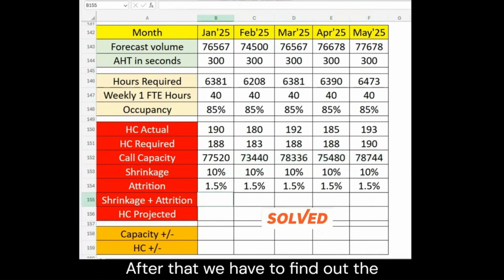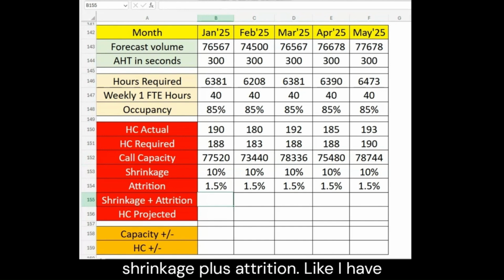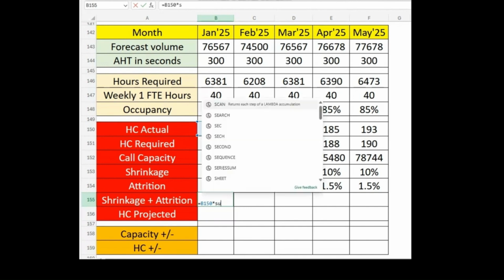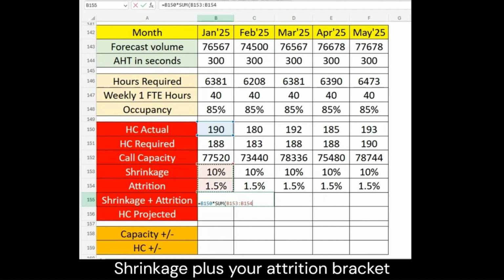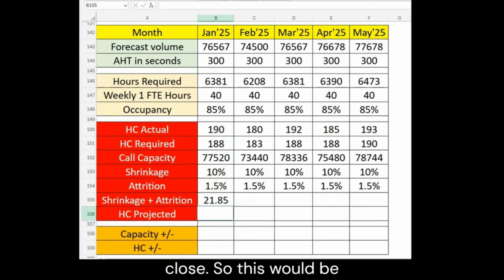After that, we have to find out the shrinkage plus attrition. I have taken shrinkage 10% and attrition is 1.5%. So how many headcount would we have after applying the calculation for shrinkage and attrition? The calculation here would be your headcount actual multiplied by sum, then your shrinkage plus your attrition, bracket close.